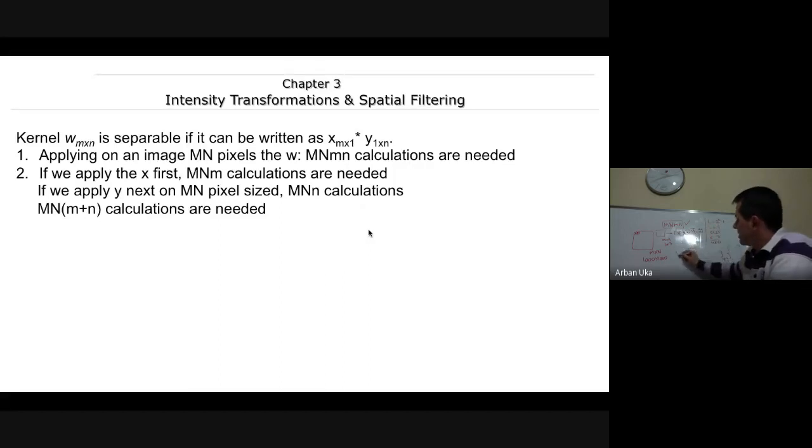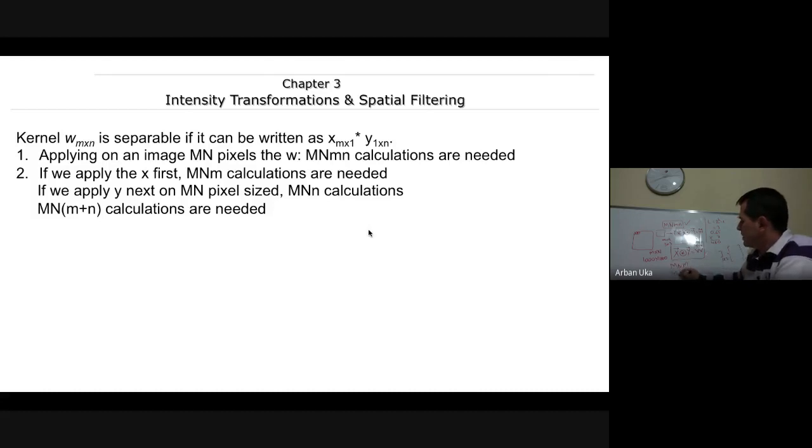So maybe it's better if I write it this way: x times y would be equal to W, which is a matrix, okay? So a column vector times a row vector gives a square matrix. Now, if we decompose it, if we have n pixels, we multiply by m, which is one dimension of the kernel. This is the number of calculations if we implement just this kernel.